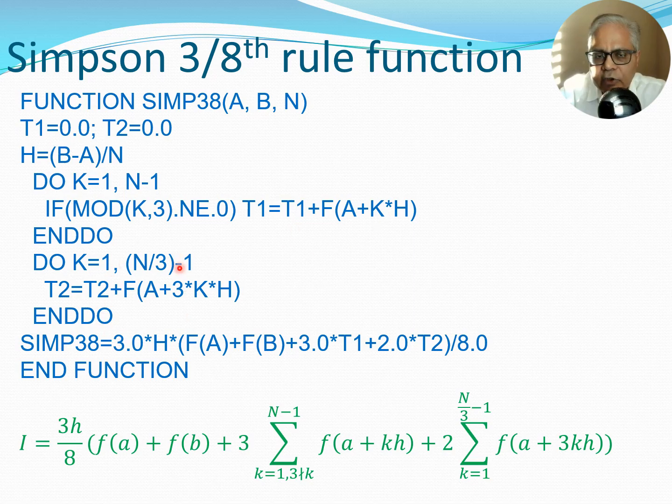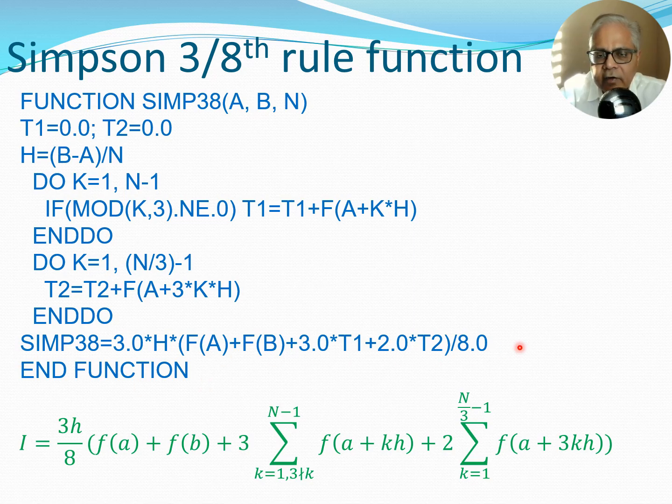And in the second case, of course, I simply have the bound going from k is 1 to n by 3 minus 1. Now remember, here I have not specified somewhere that n has to be a multiple of 3, but when you input, you have to consider that. Of course, if you are writing a more practical code for commercial purposes, you should have some built-in logic saying that n should be 3 if some user inputs a number which is not. So n has to be a multiple of 3.